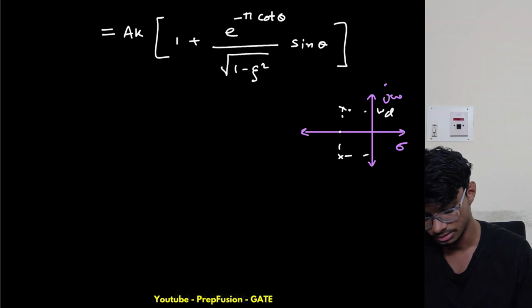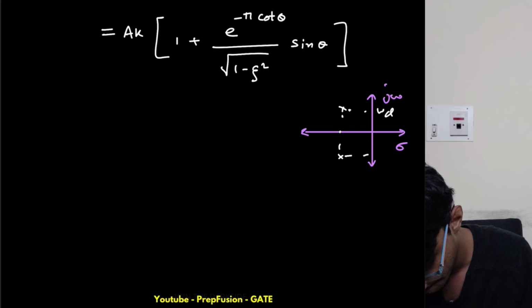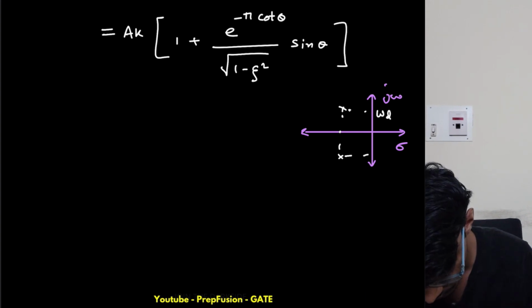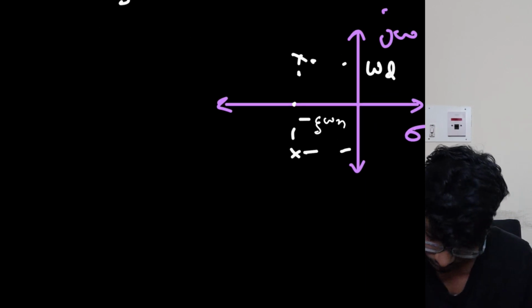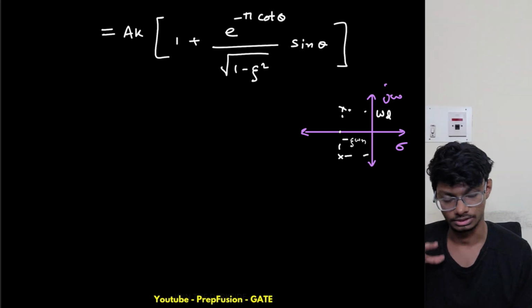This is omega d and this is zeta omega n. Okay, let me write this a bit better. Zeta omega n, right? So this is zeta omega n.